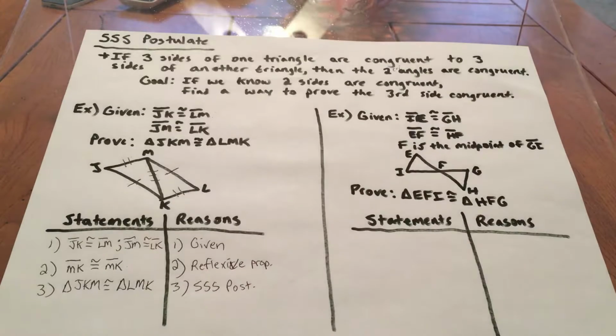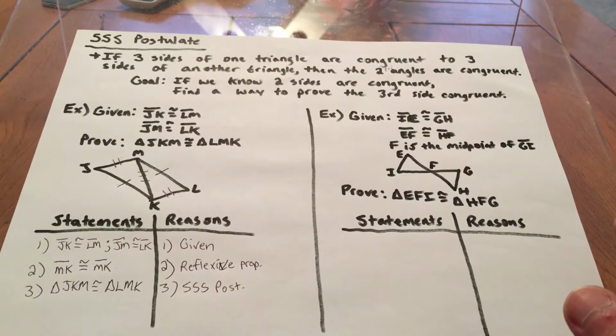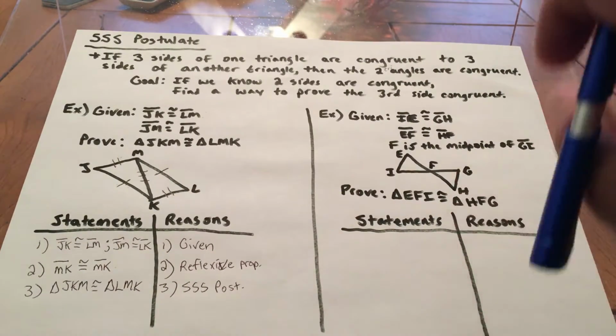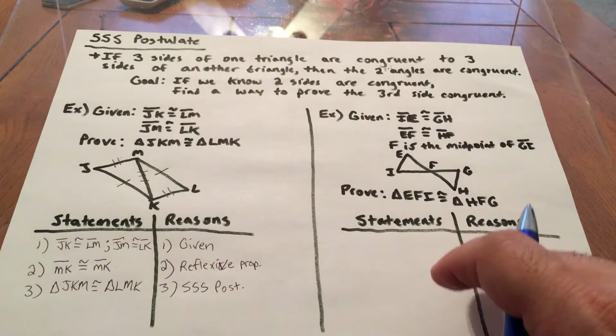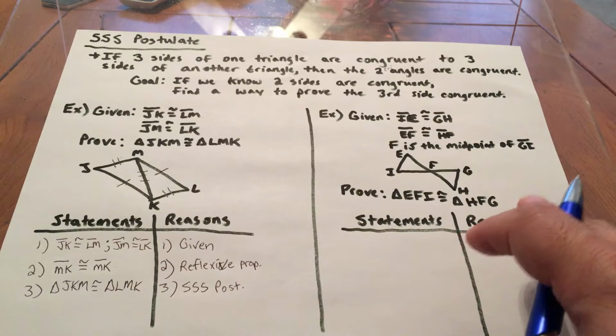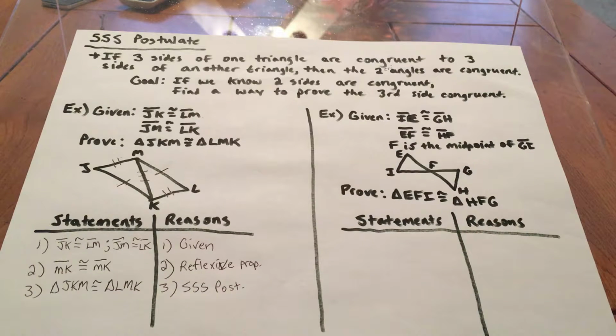So what I want you to do is take a second with this second example, pause the video, and look at the information they've given you, and see if you can come up with some statements and reasons. You might not have to write it down yet, but if you want to, that's fine. Write down some reasons, see if you can work through this proof on your own, and then come back and I'll run through it.